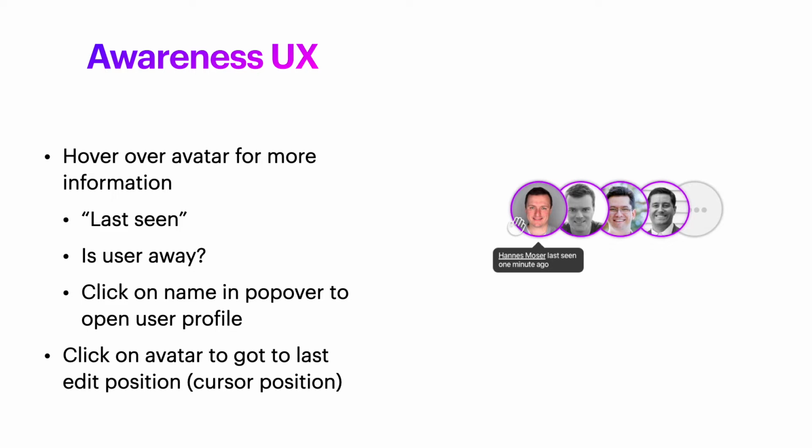So when Sid is editing the second paragraph and I'm editing the first paragraph, as soon as I click on Sid's avatar, the issue page will scroll down to Sid's cursor.